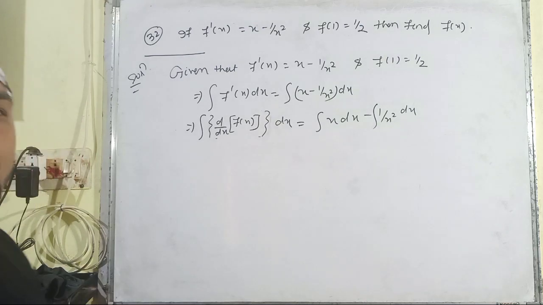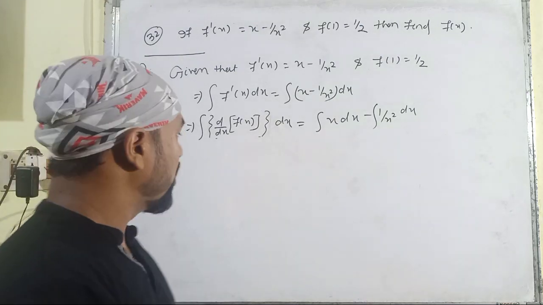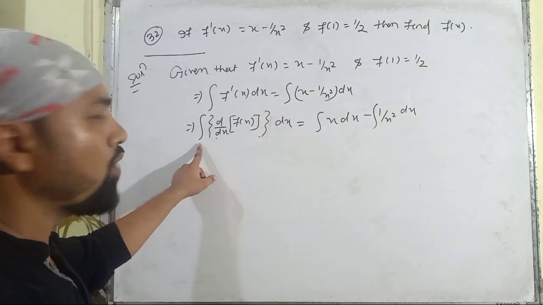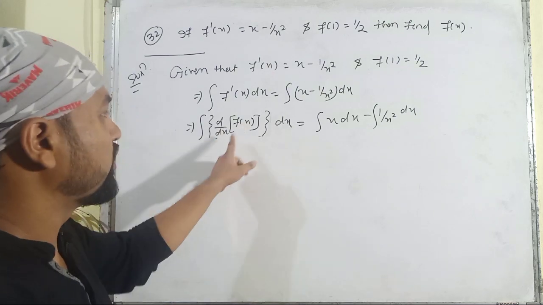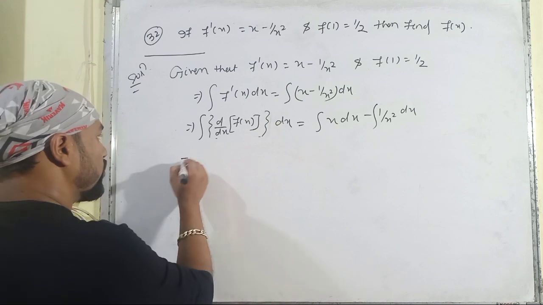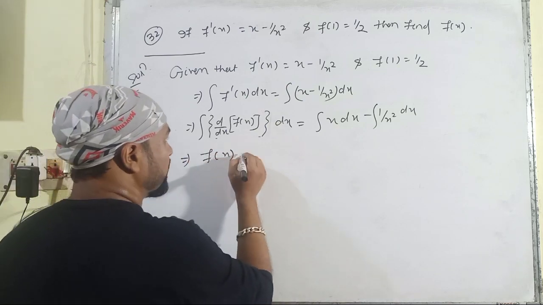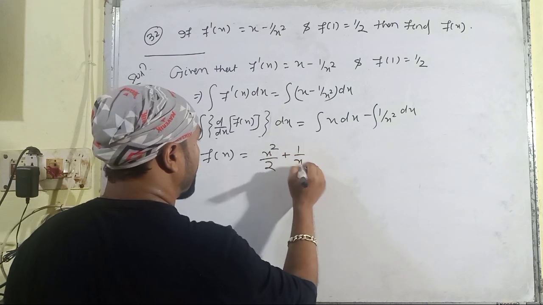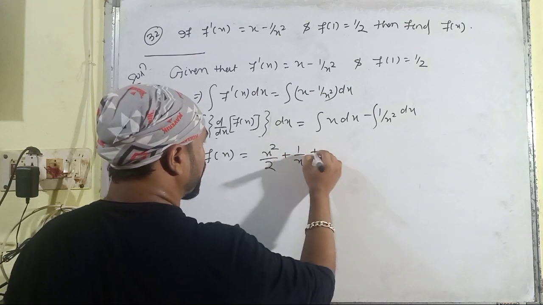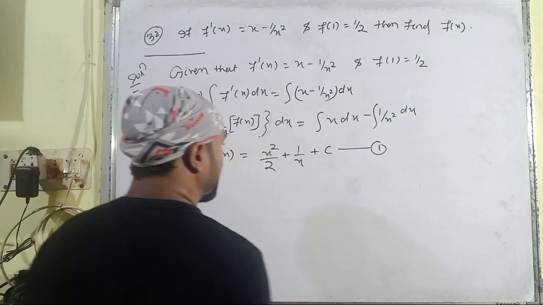From the property number 1 of algebra of integration, we already know that integral of differentiation of any function is the integrand itself. So it will be f of x is equal to x square divided by 2 plus 1 upon 1 by x plus any constant c.